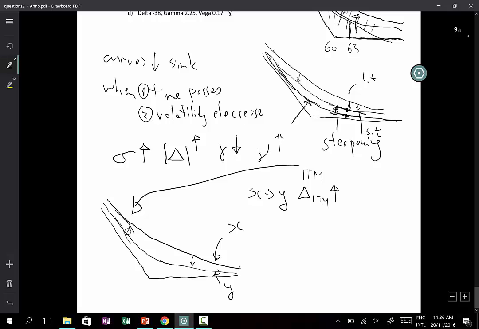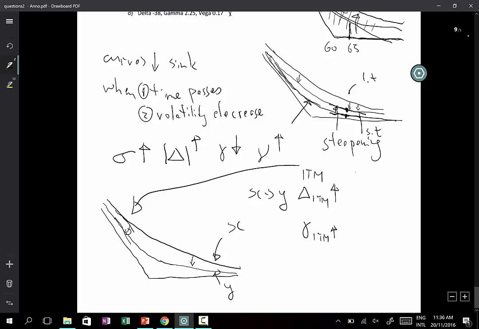Now, I have said this many times, and the gamma will also go up because the closer you are to the baseline, the more convex.